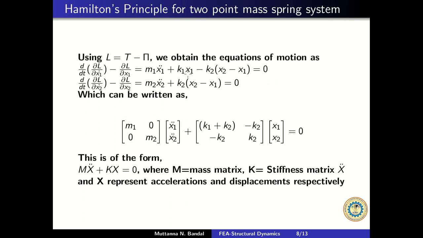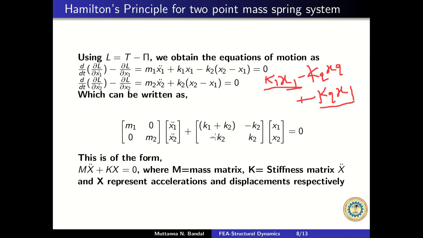Similarly, coming to the potential energy part, if I multiply this one, like k1 x1 minus k2 into x2, plus k2 into x1, there is x1 in this and this.